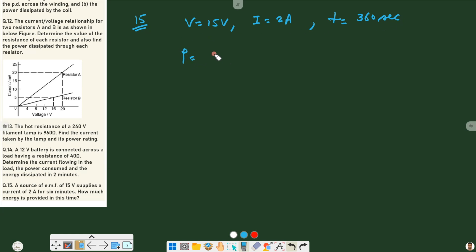So power will be 15 into 2, V into I, 30 watt. And if we have to find out energy, we will multiply it by time in seconds. So 30 into 360, it will give us 10,800 joules. With this, question number 15 is complete. Let us move to question number 16.